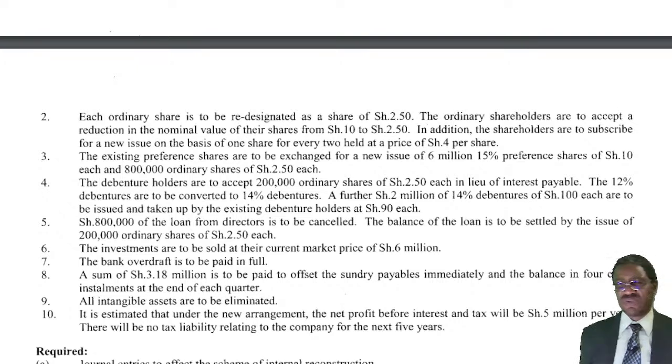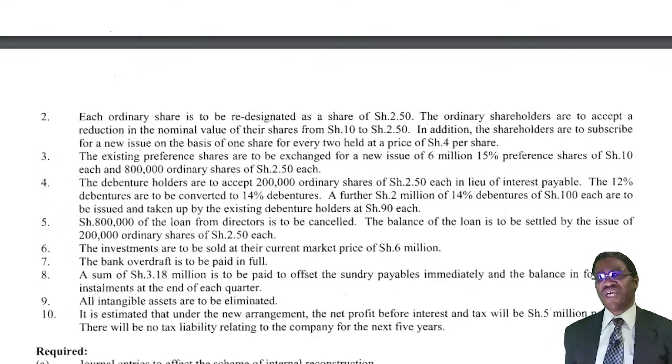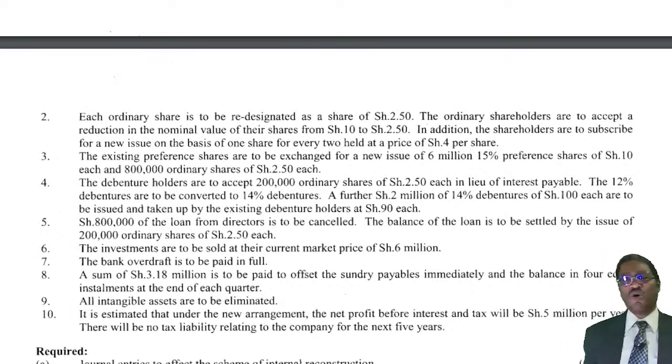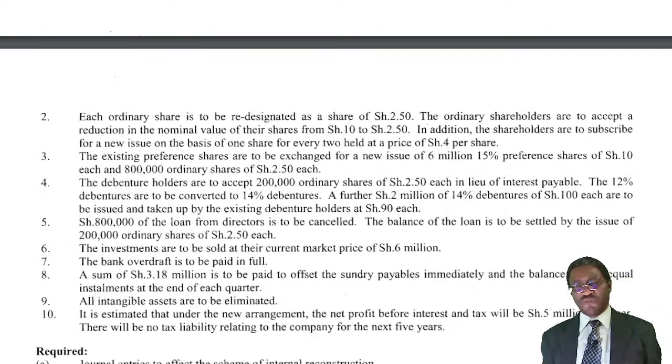Number 5, shillings 800,000 of the loan from directors is to be cancelled. The balance of the loan is to be settled by issue of 200,000 ordinary shares of shillings 2.5.